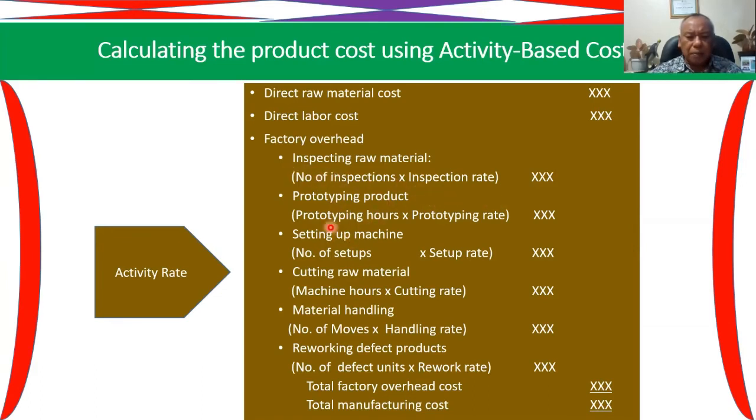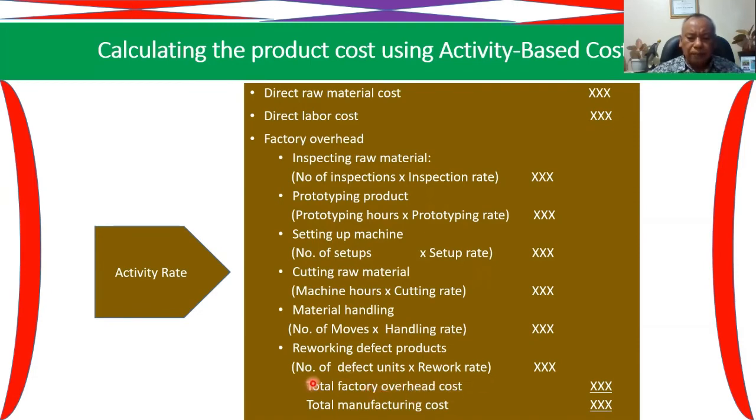Prototyping product, prototyping hours times the prototyping rate. Setting up machine costs, number of setups times the setup rate. Cutting raw material, in this case, machine hours times the cutting rate. Material handling, number of moves times the handling rate. Reworking defect product, number of defect units times the rework rate.